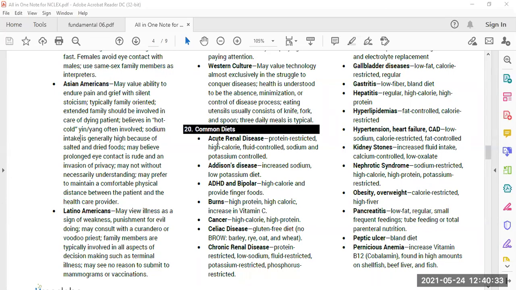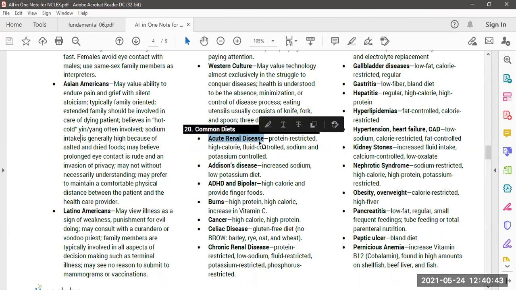Let me recap here. Common diet for defined disease. Like acute renal problem, patient need what? Need the protein restricted or high calorie diet.